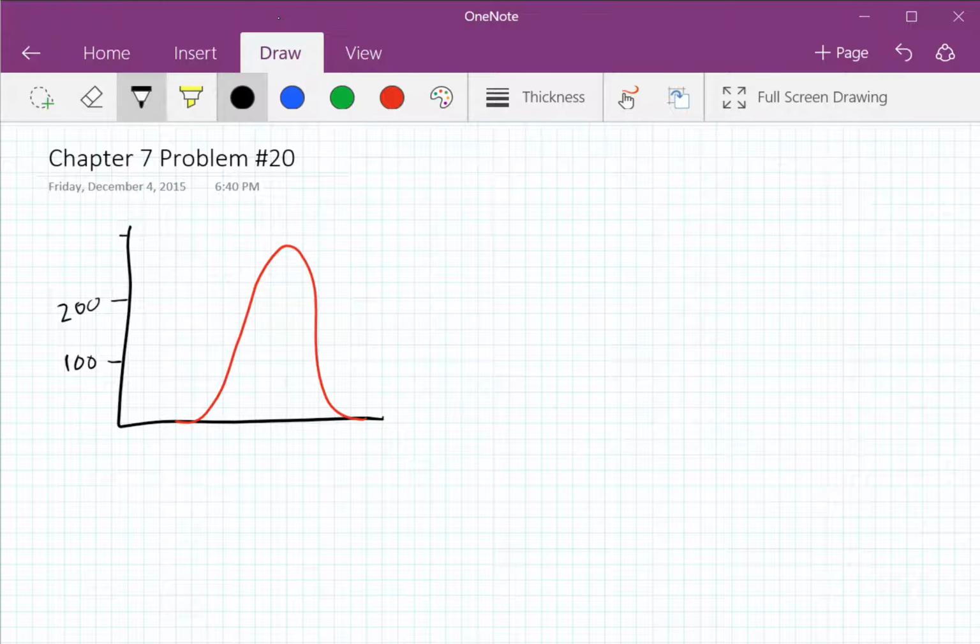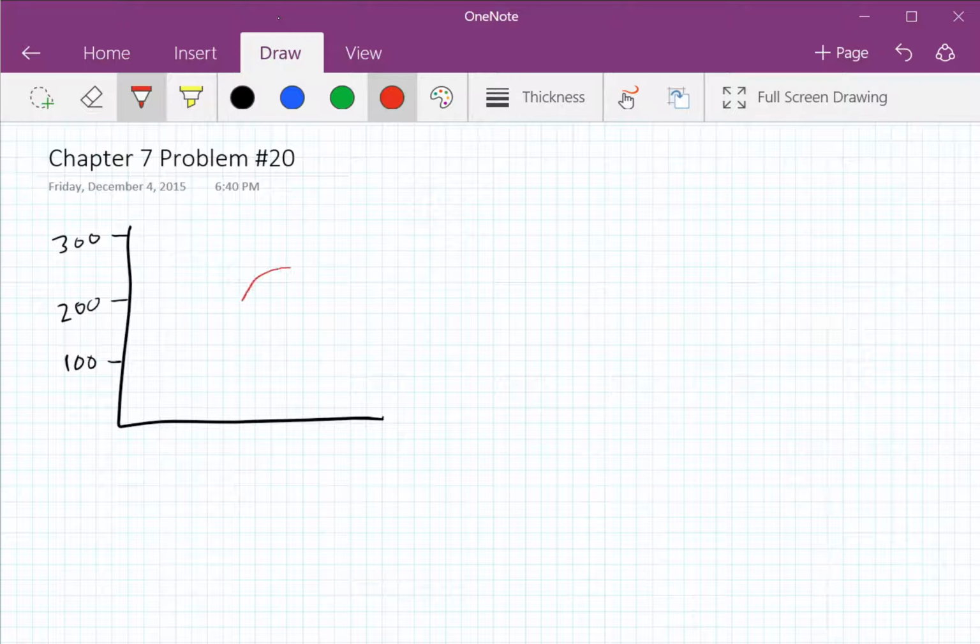Oh, and that'd be 300. Fine, I made that too big. That's fine. I know it looks different than that, but my labels will make it so it's the same as what you're looking at anyway, so it doesn't matter.